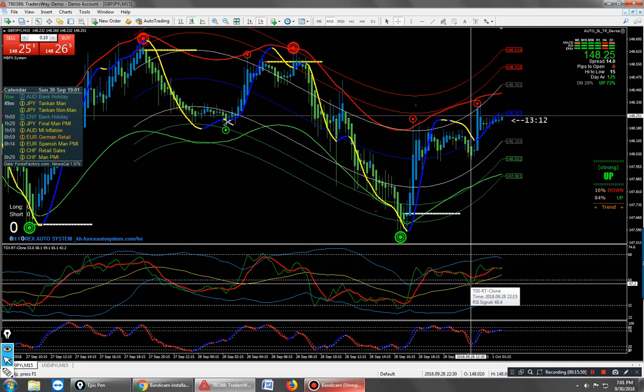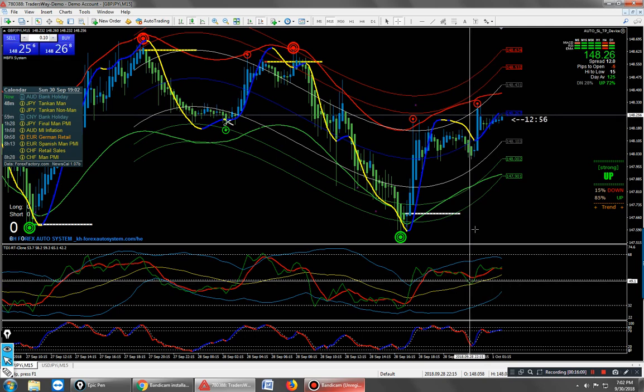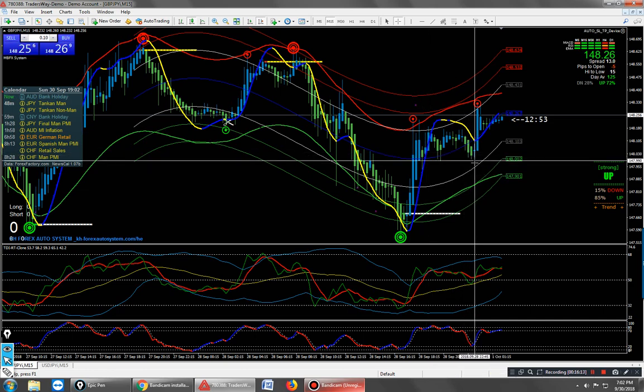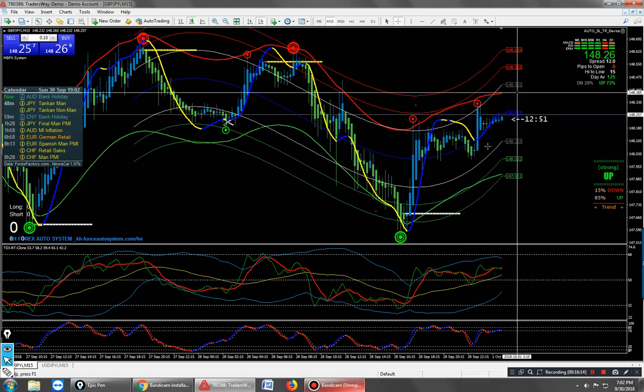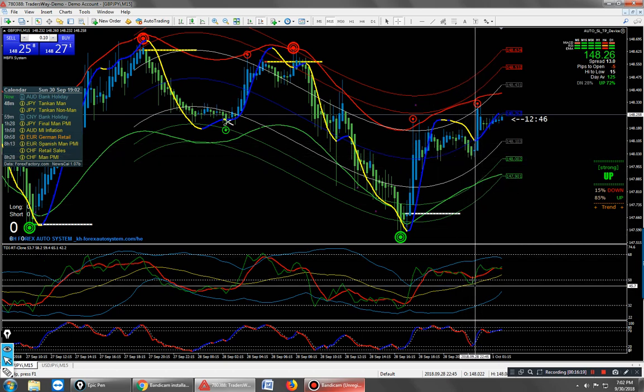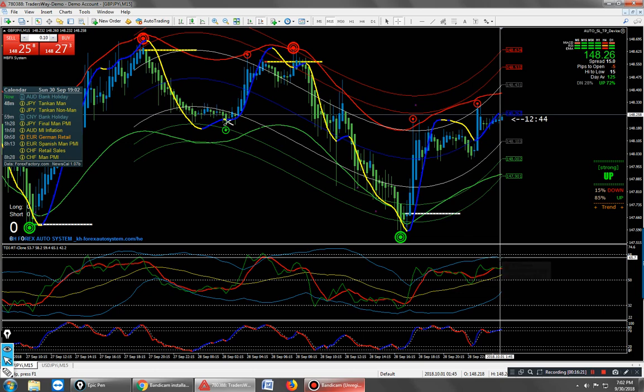Well, if you look, the stochastic is already down there. It's touching the 20 level, which is the first indication of sold, right? So with that, you just watch it. You can put a take profit stop loss up here. If it came down too much, you could just take it out and then get back into it again. Or you could wait until these lines are definitely below the yellow and then take out whatever profit you have.